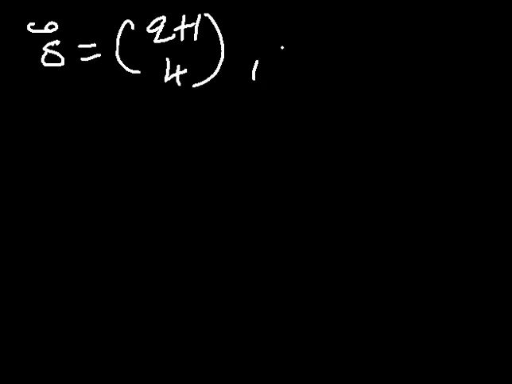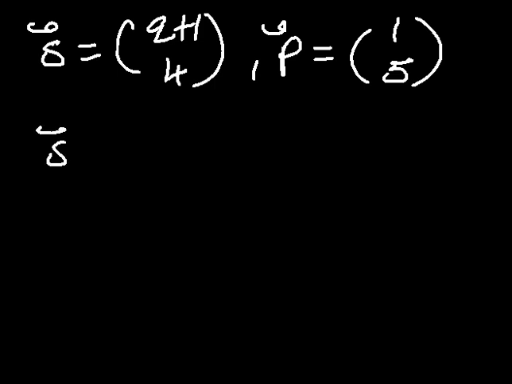Let's say we have the vector s, which is given as (q + 1, 4), and we have the vector p, which is given as (1, 5). Now find the value of q given that the two vectors are parallel vectors. The principle remains the same. We have vector s equal to a scalar multiple of the vector p.